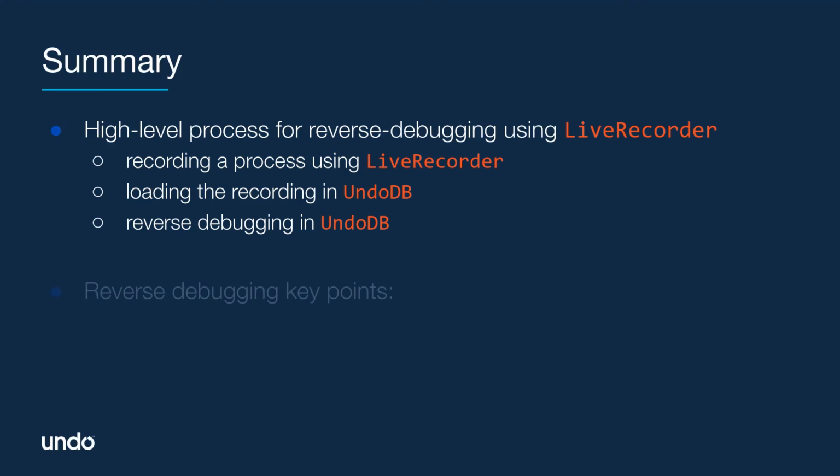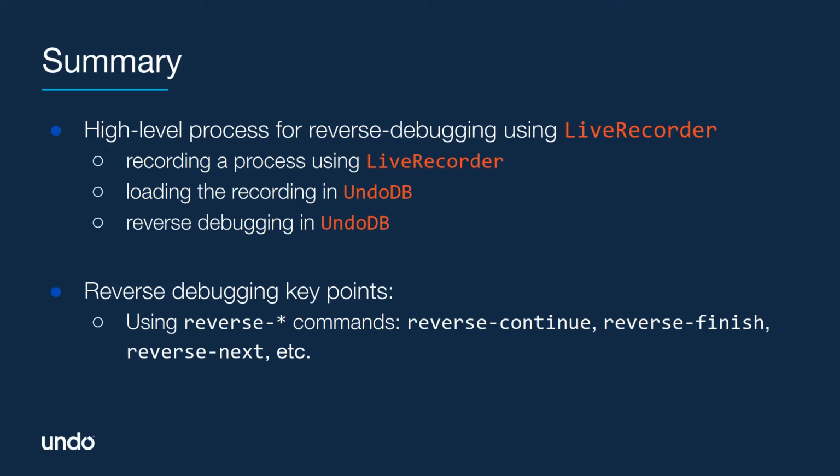In this context, key points are the use of reverse execution commands such as reverse continue, reverse finish, reverse next, in conjunction with the use of breakpoints and watchpoints that get hit when executing in both a forward and backward direction. This tutorial has exemplified the above process and commands by solving a concurrency issue in a demo application through reverse debugging.